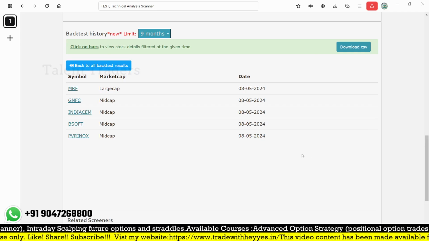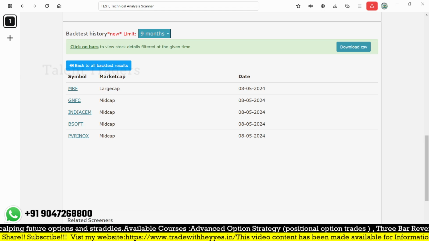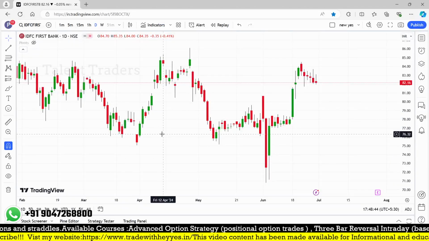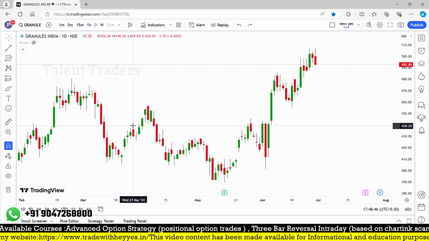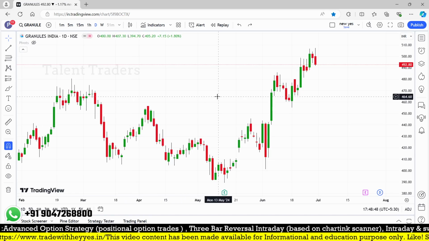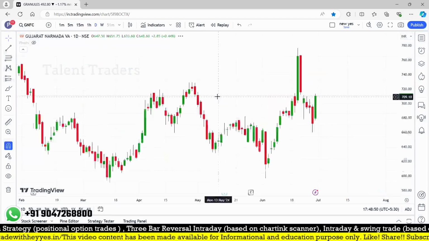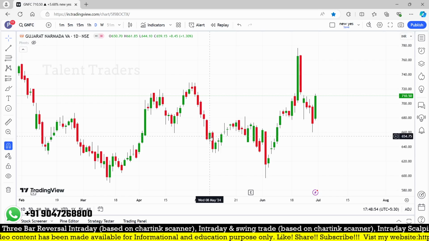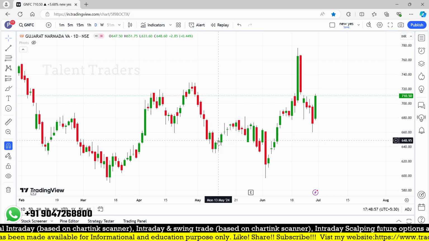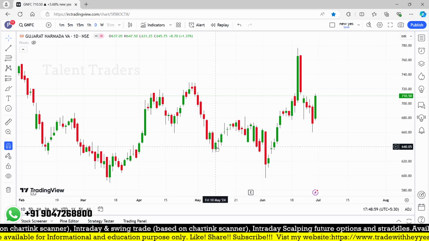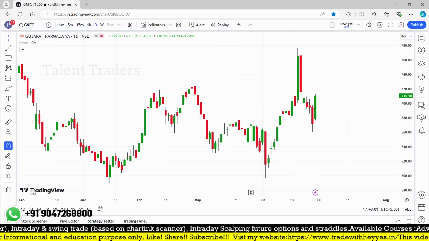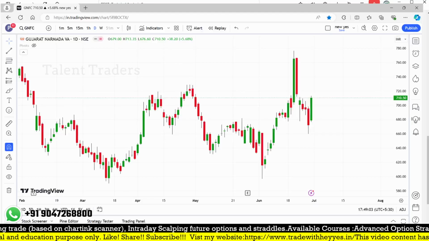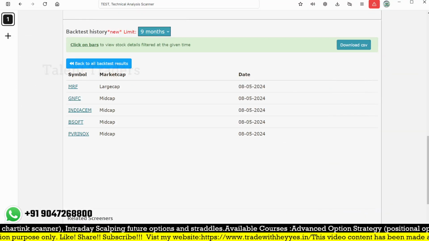And previously very strong many stocks, GNFC, India Cement, Bsoft. Previously we looked at Granules, GNFC is in here, and the previous day was also a stop loss trade. So here is an opportunity, next day it triggers the stop loss, and then one more opportunity, this time it works well. So no problem, minimum stop loss where it has happened, and there is a good opportunity, we are going to take it out.